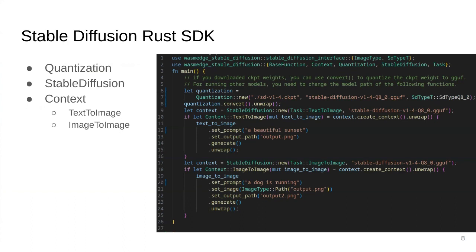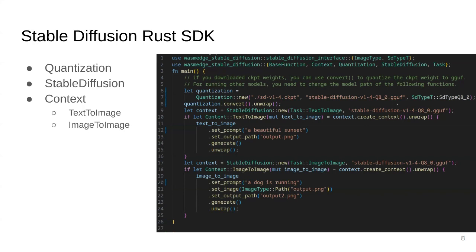We can use quantization to create a quantized instance, and then use the convert function to convert the CKPT to a quantized GGUF model. The first parameter is the weight name, the second parameter is the quantized GGUF name, and the third parameter is the weight type that you want to quantize.